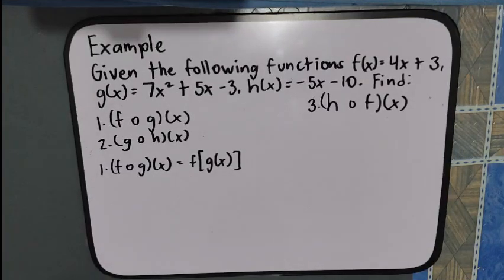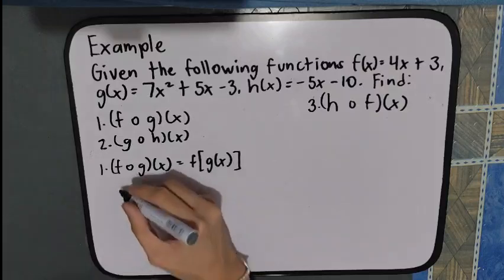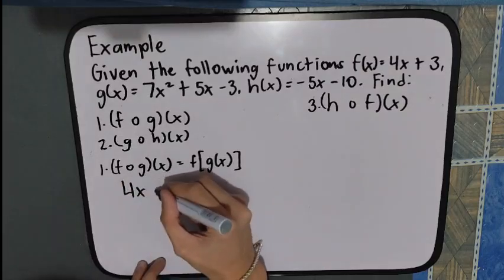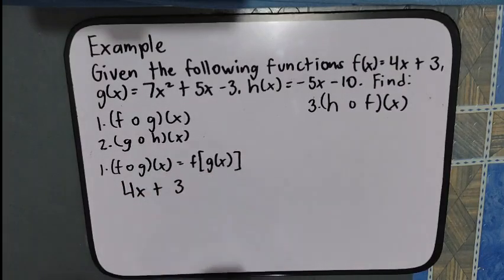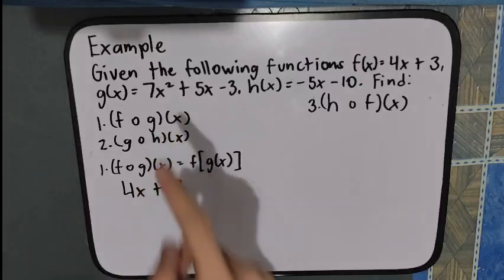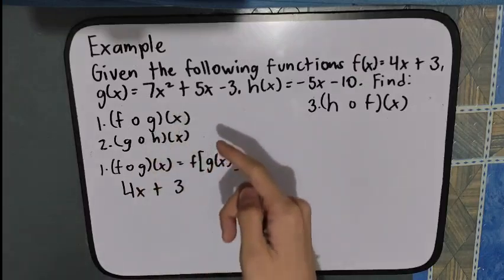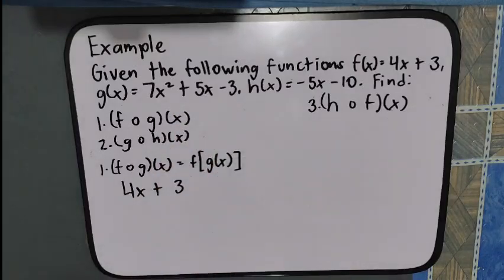So let's start with example number 1, f of g of x. First, we need to copy f of x, 4x plus 3. Then, since the output of g of x is 7x squared plus 5x minus 3, we need to substitute it for the x in the function f of x.